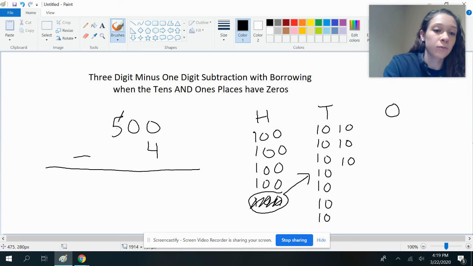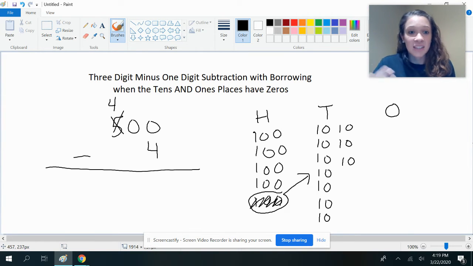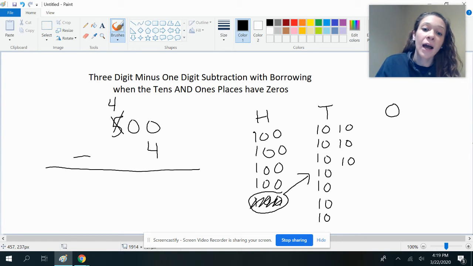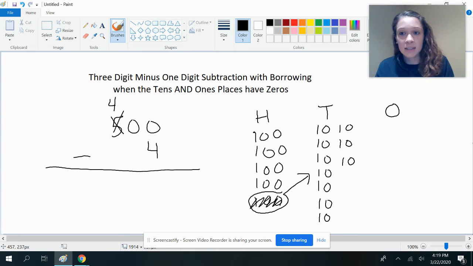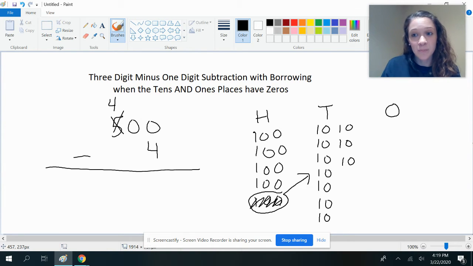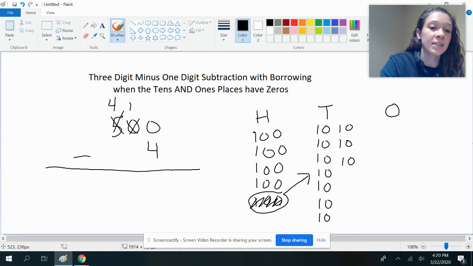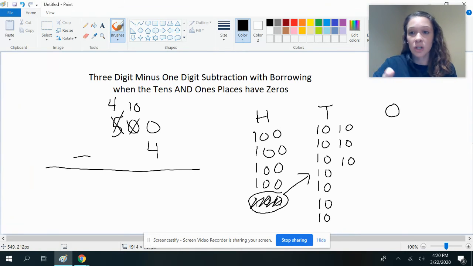So now I have 400. In my tens place, I had no tens, so that's why there was a 0 there. But now I took 100, brought it to the tens, and that was 10 tens. So now I need to cross out this 0 and write a 10. And we can always count our tens to make sure that it's 10 tens, okay?